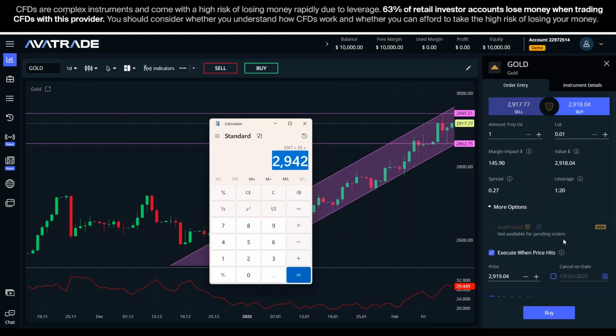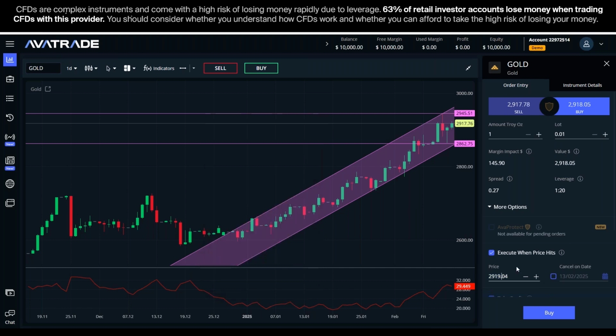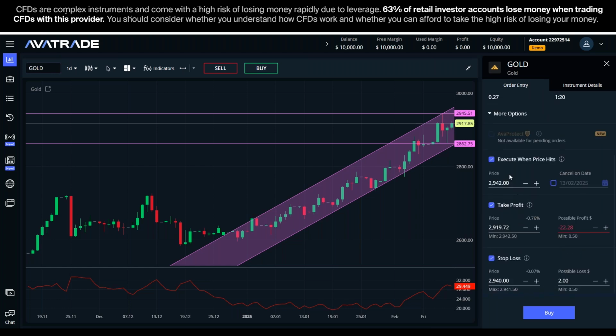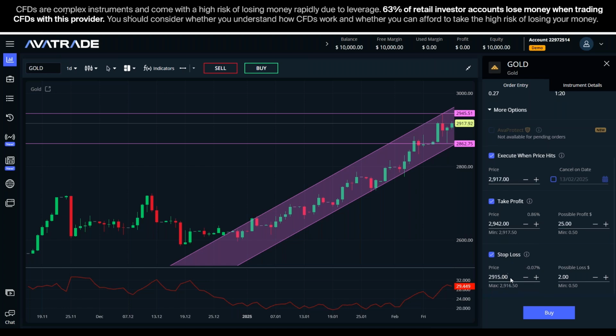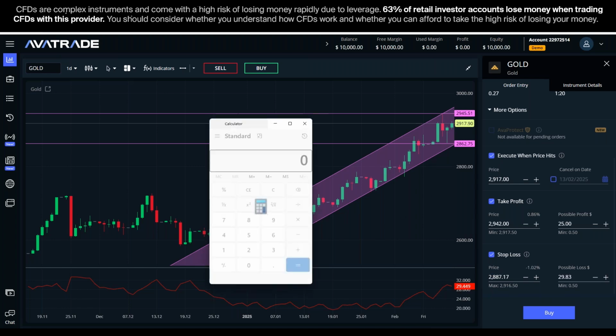Okay, 29.42. Sorry, this goes to the take profit, and in here this will be the existing price, and we can also subtract 25 to make it the stop loss.